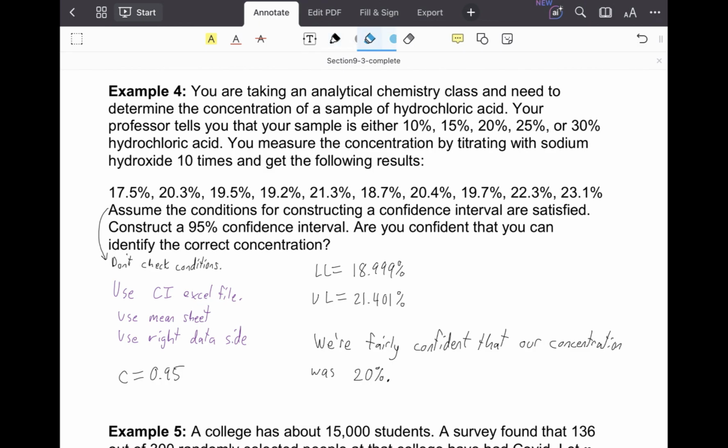So whenever you constructed your confidence interval, you're excited if it just contained one of the concentrations, and disappointed when it contained more than one, because you were kind of guessing which one it would be. Yeah, it was a big reason why I chose not to go into chemistry. That class was pretty intense, and I didn't like the lab work very much.